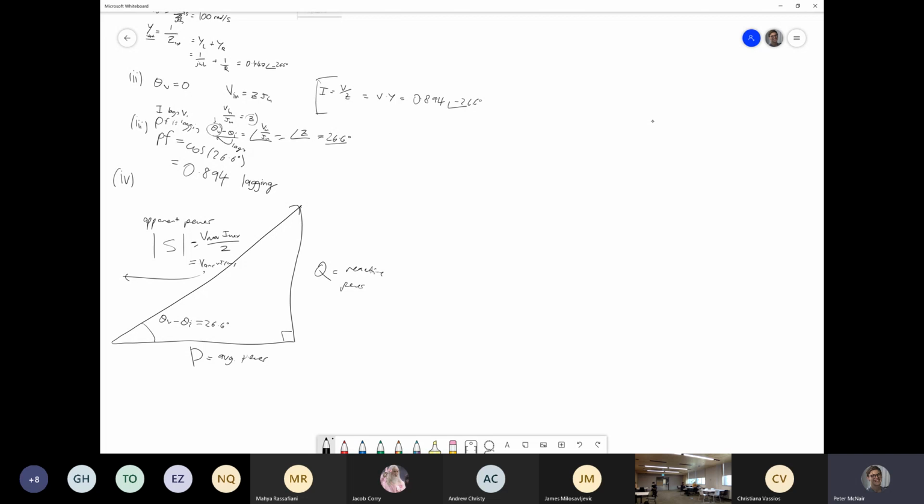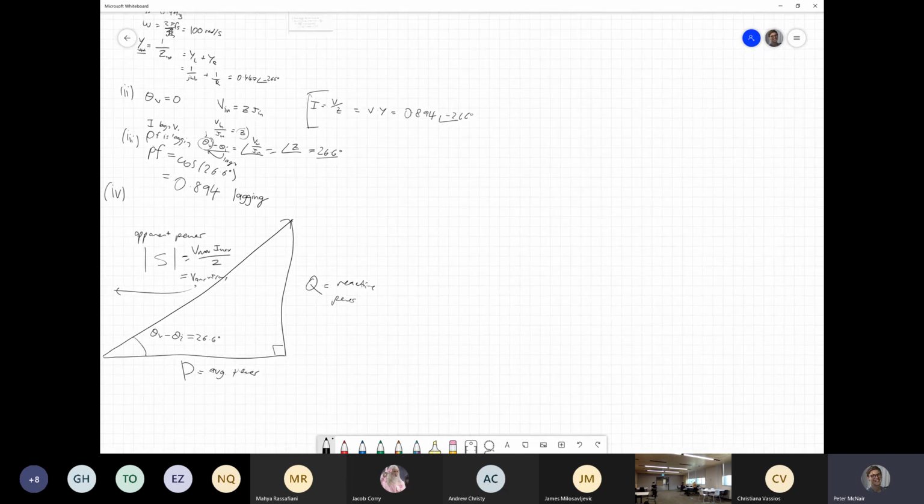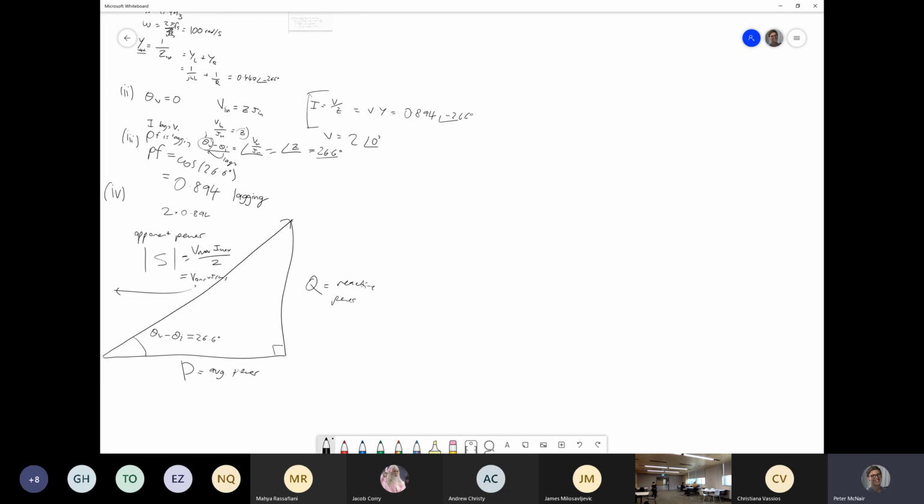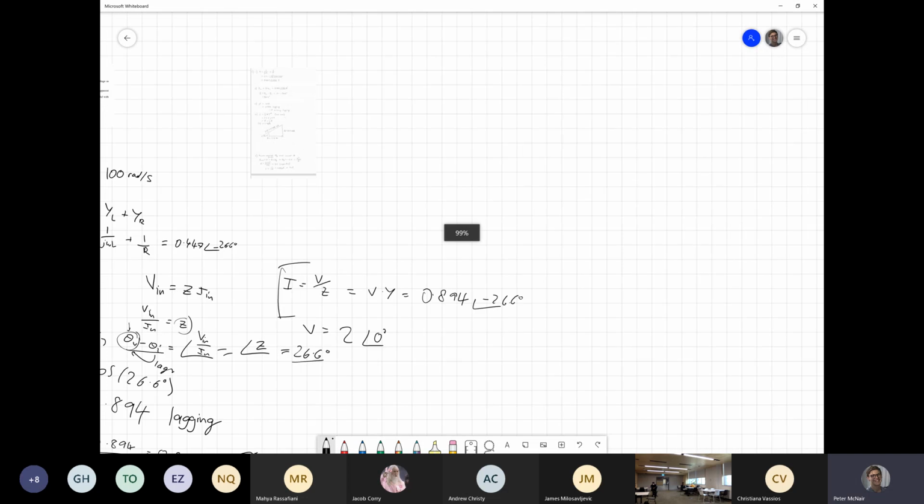So S is going to be Vmax Imax on 2. And remember, V is equal to 2 angle 0 degrees. So this is going to be 2 times 0.894 on 2, which is 0.894. I'll just double check.